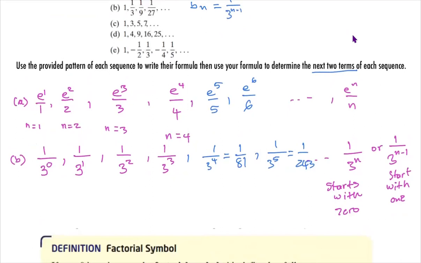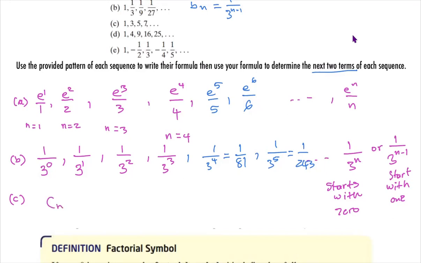The next one is C, where you're getting only the odd numbers, right? So basically, the odd numbers can be generated by Cn.